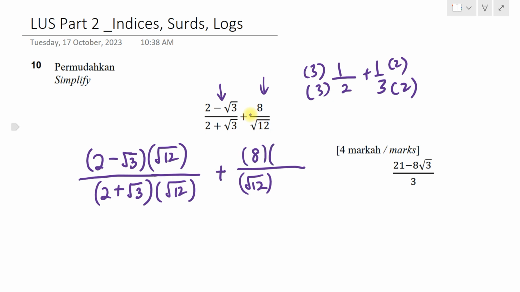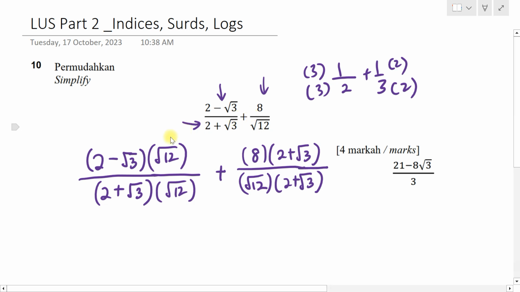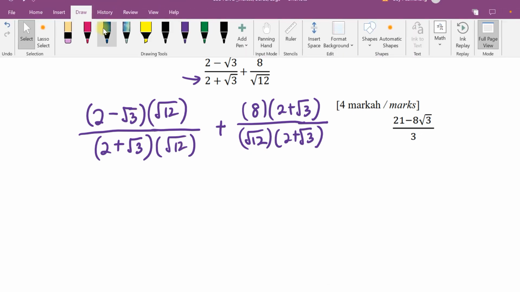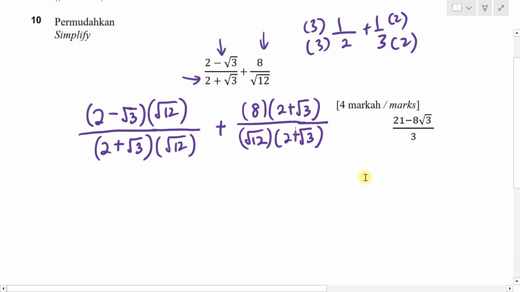Now you multiply by this part, 2 plus √3. Okay, now let us do the multiplication. Or another thing, never mind. Actually, you can write it in a single fraction also. Okay, never mind, I do the second step as a single fraction.